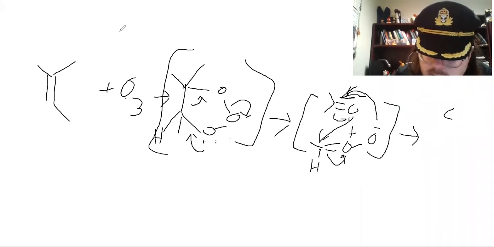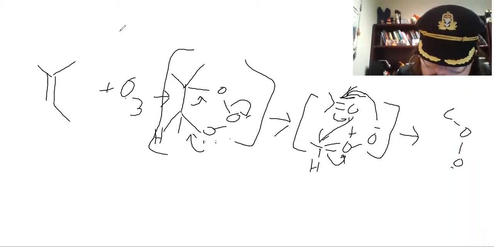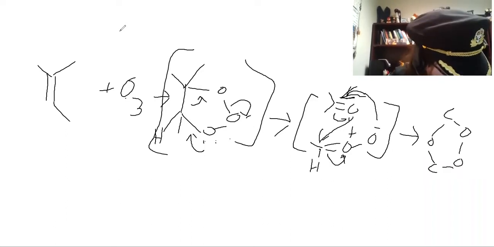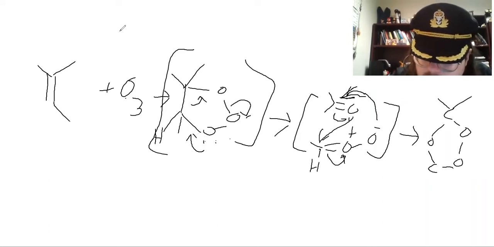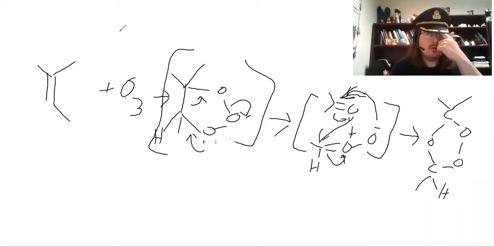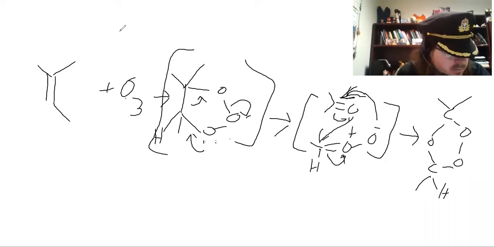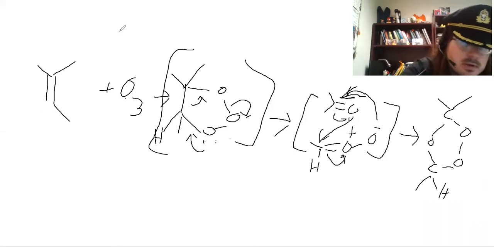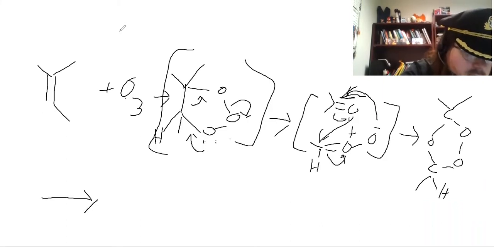So instead of a 3-oxygen bond, we still have a 5-membered ring, but now that 5-membered ring is only a peroxide and not an ozone ring. So this is ozonide, and this ozonide is easily reducible. So the next step is we use dimethyl sulfide.